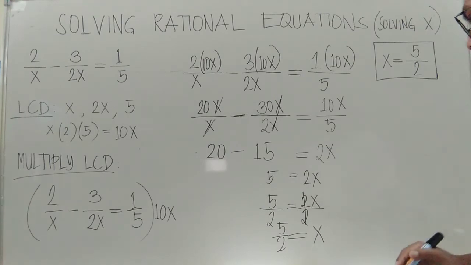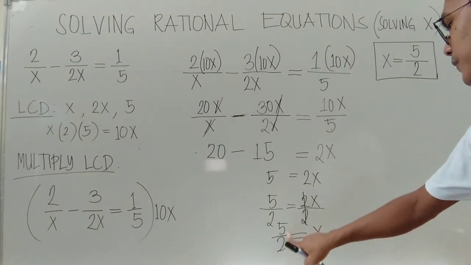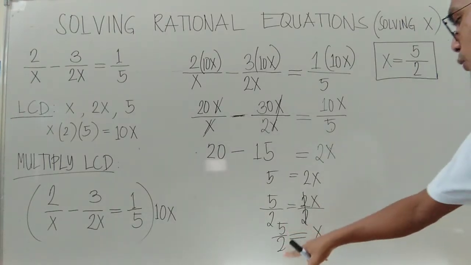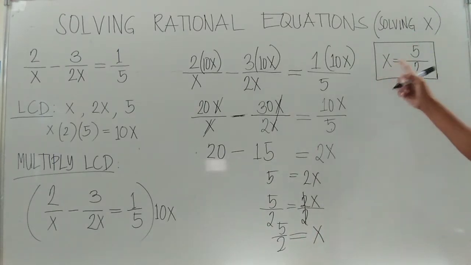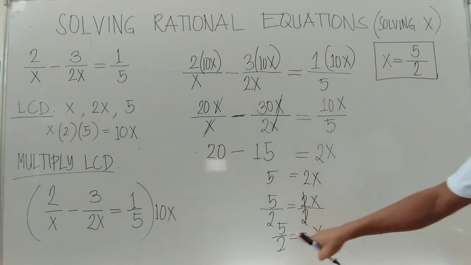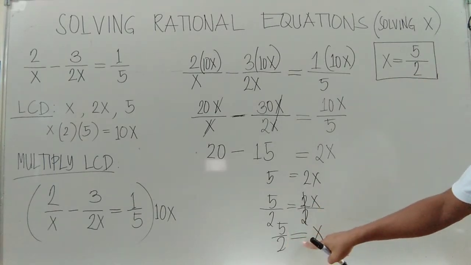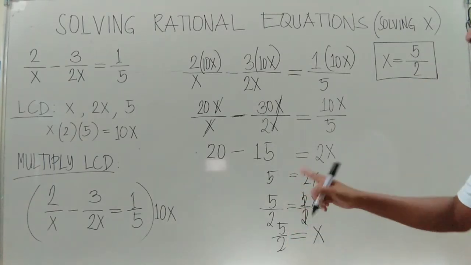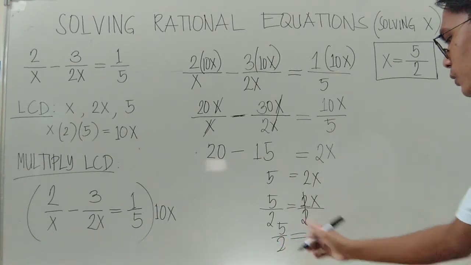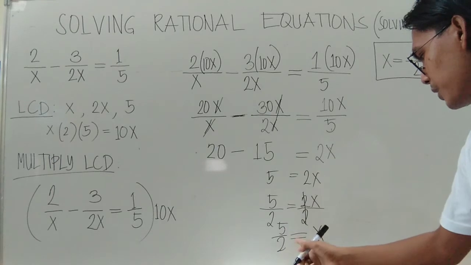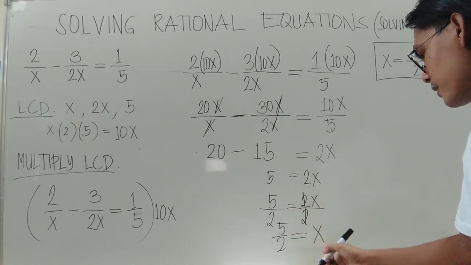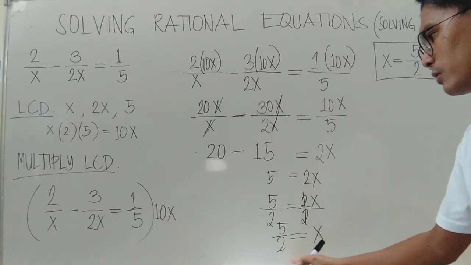Okay guys, some of you will be confused that 5 over 2 equals x, and then I write it as x equals 5 over 2. Your equal symbol denotes balance and mirror between two quantities. So 5 over 2 mirrors x, also x mirrors 5 over 2.